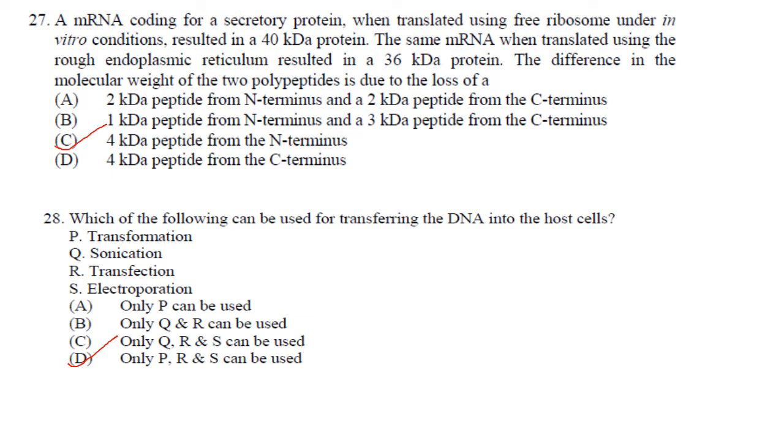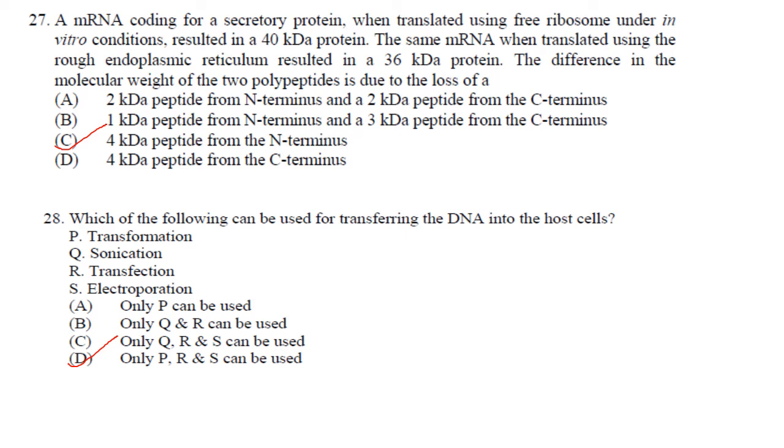Okay. So the answer for the difference in this 4 kDa peptide will be because of the presence of a 4 kDa peptide at the N terminus. In the case of mRNA translated using the rough endoplasmic reticulum, it was cleaved off by signal peptidases.